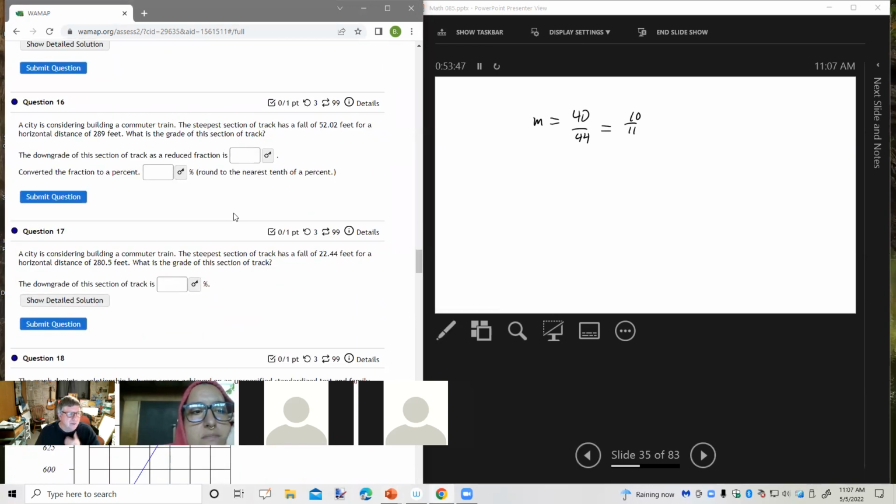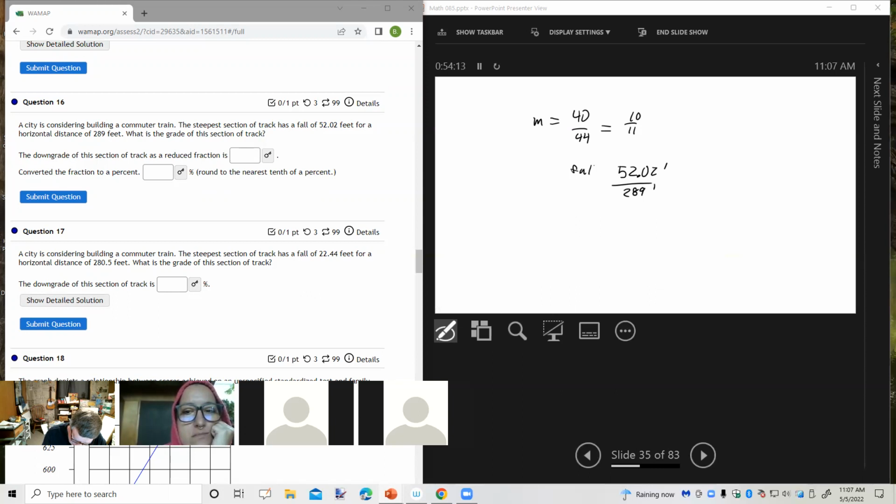All right, let's take a look at this one. The city is considering building a commuter train. The steepest section of track has a fall of 52.02 feet for a horizontal distance of 289 feet.